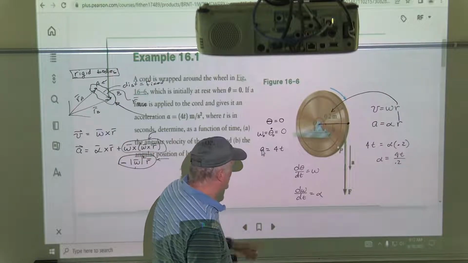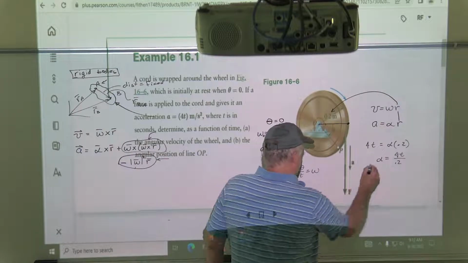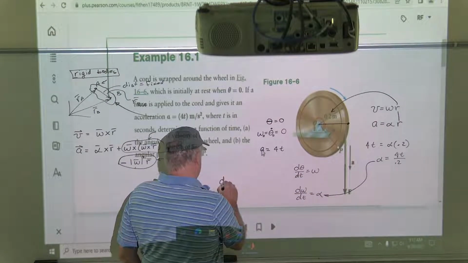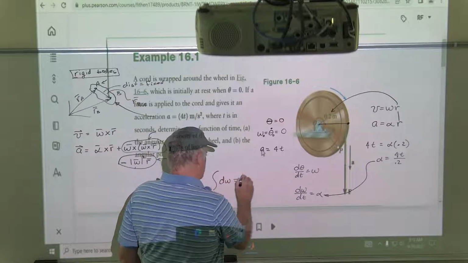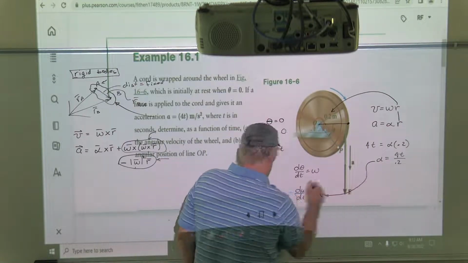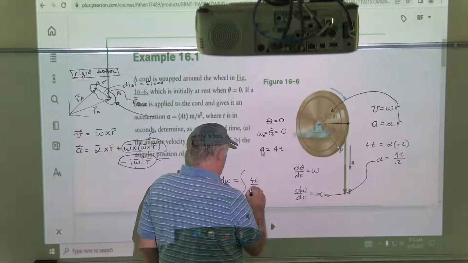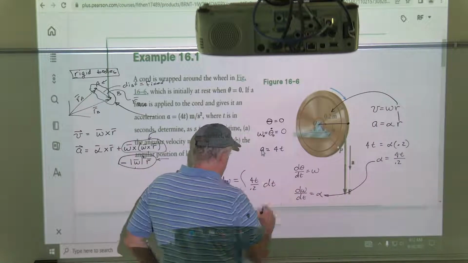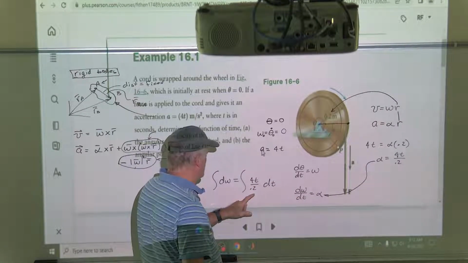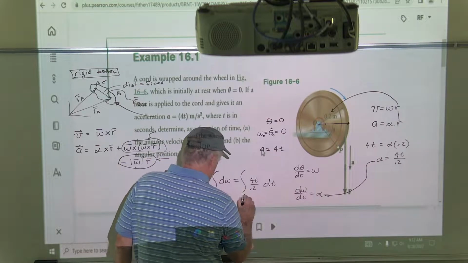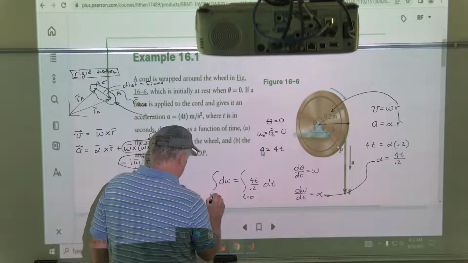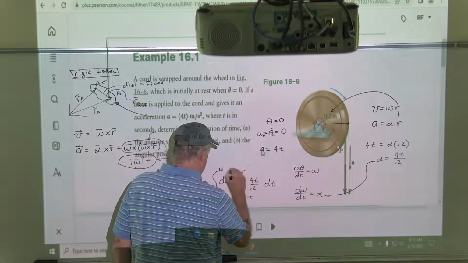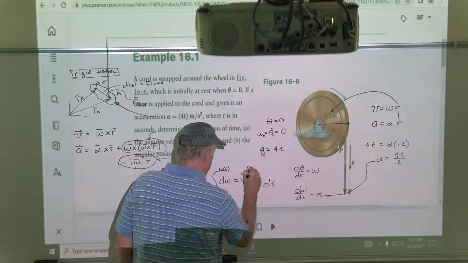Okay, now that you have that, you have this one, and you can stick it in there and do the omega integral, and then put the alpha, which I know I should figure out, but I'm not going to, and do a dt. This is the integral that could be done if we say t equals 0, then we'll say omega at t equals 0, and omega at t.